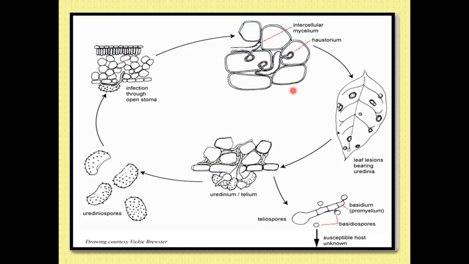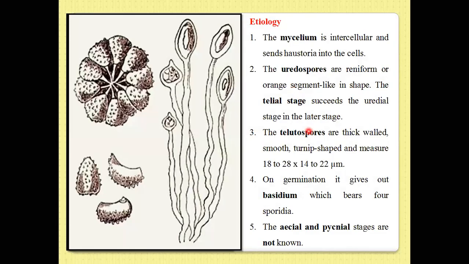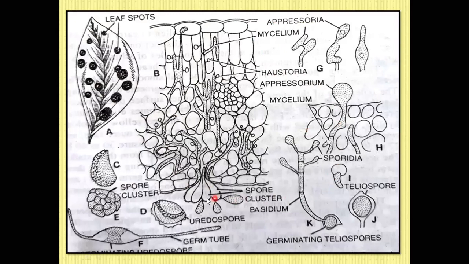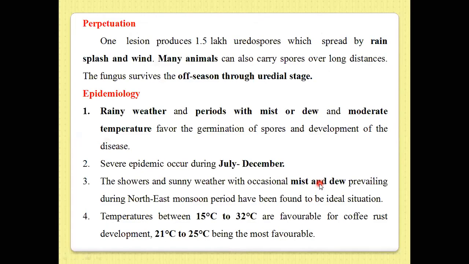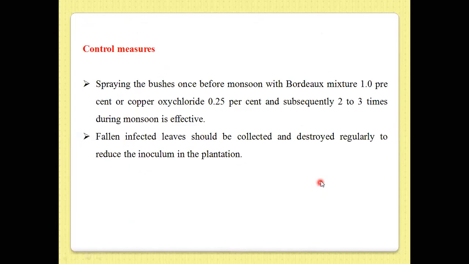So you see the life cycle and some of the etiological parts of Hemileia vastatrix. Then the last one, control measures.